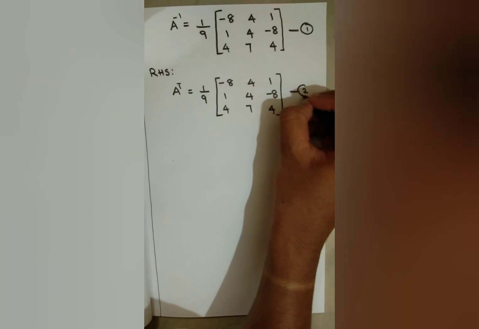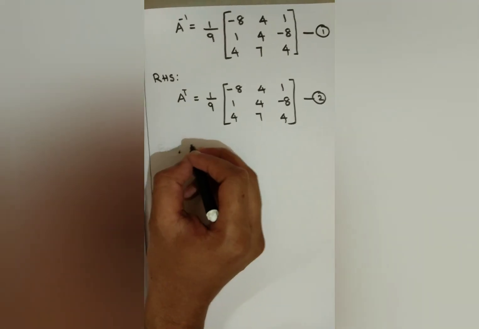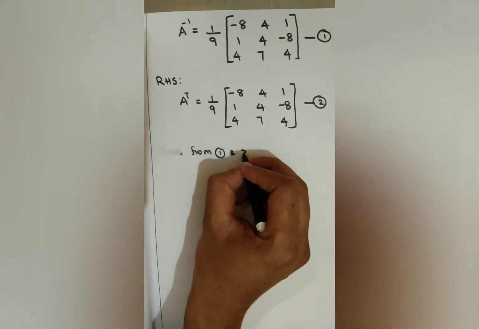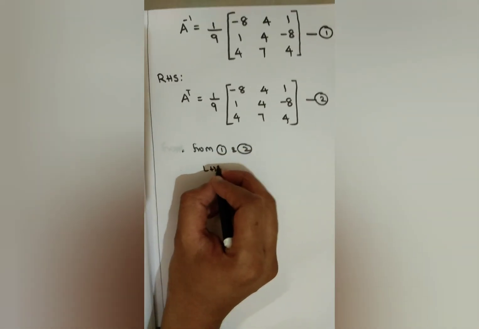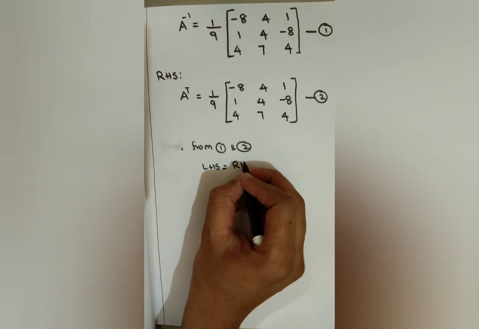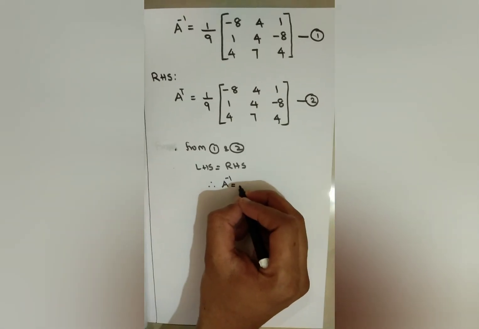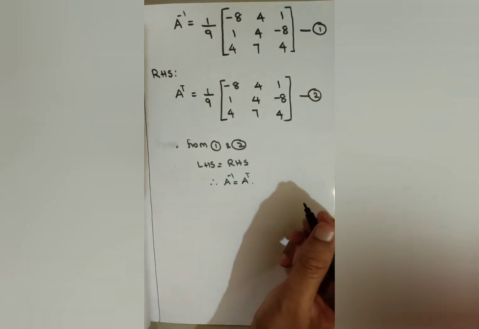This is my 2. From 1 and 2, LHS equal to RHS. Therefore, A inverse equal to A transpose.